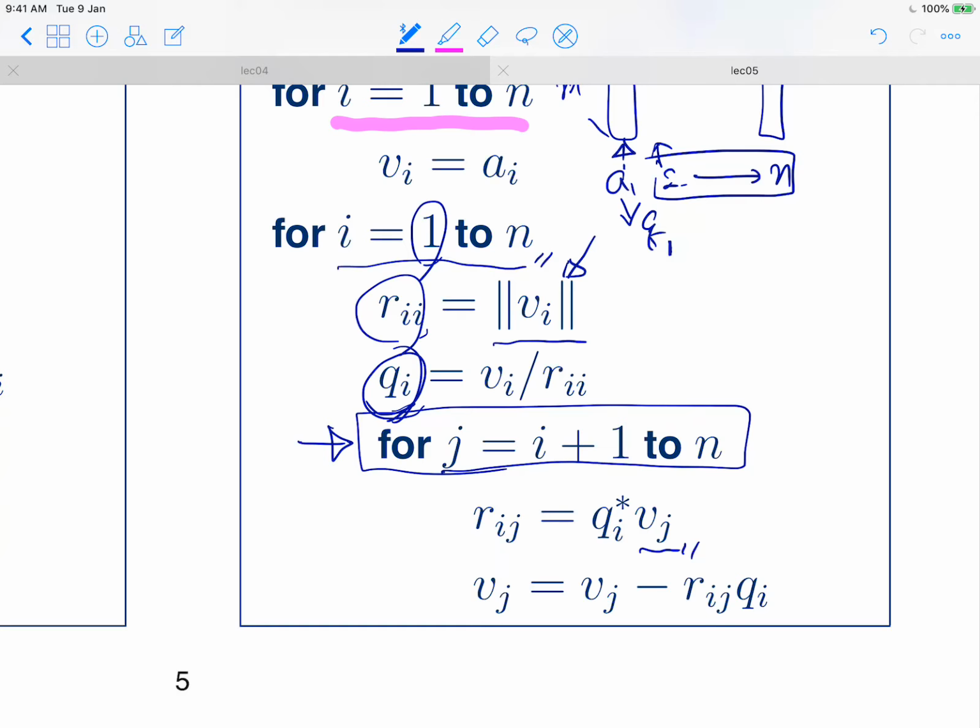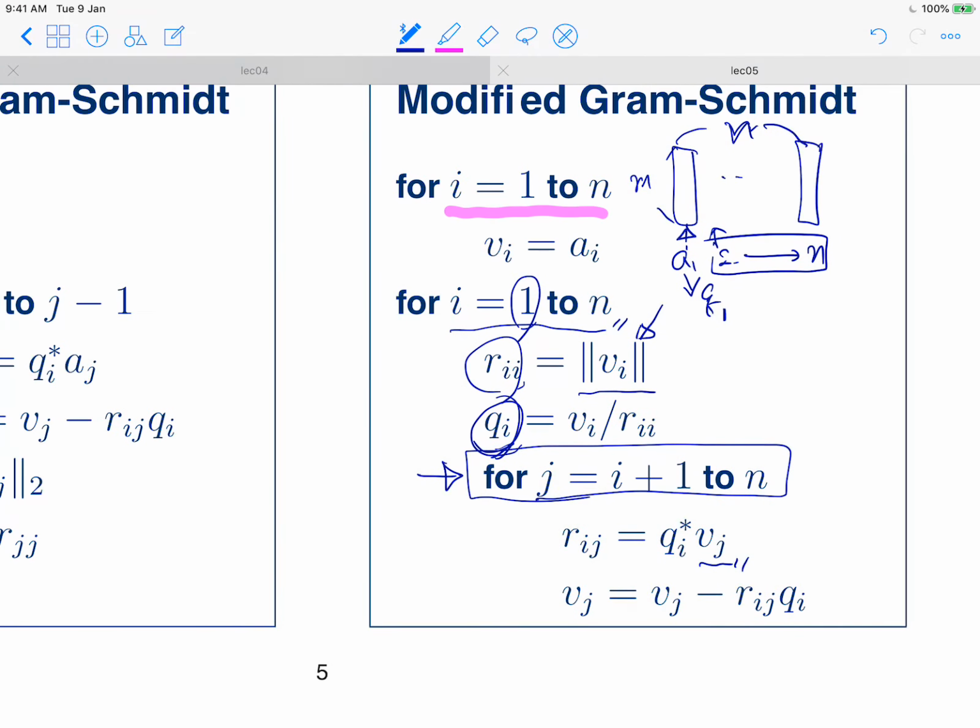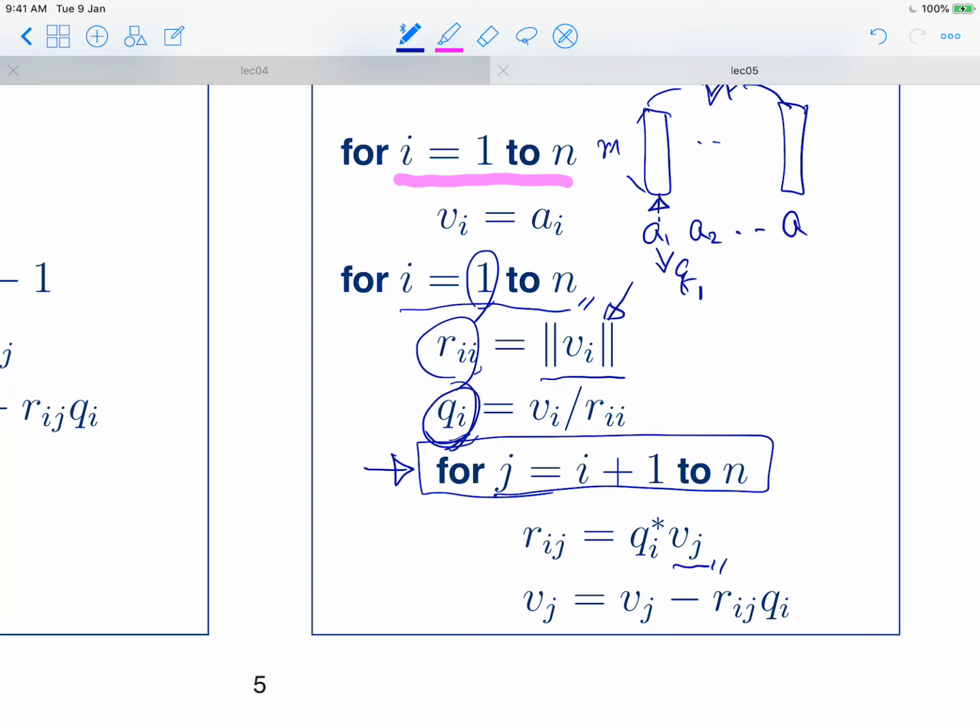Let me explain it in this manner. We have a1, a2, and an, which represent the initial set of vectors, right? And then we obtain q1 as a normalized, also normal vector, as the first component, right?